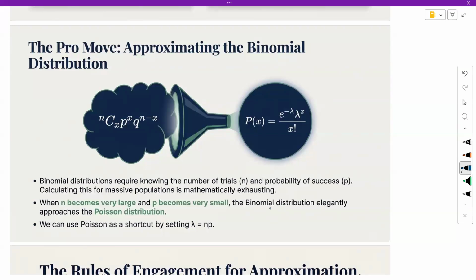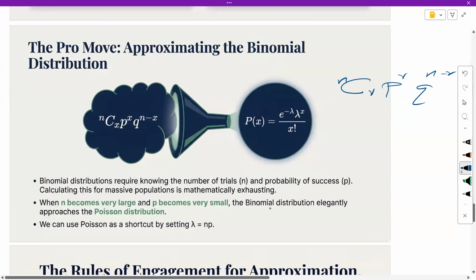So it's called approximating the binomial distribution to Poisson distribution. We know that the formula for binomial distribution is nCr p^r q^(n-r), right?